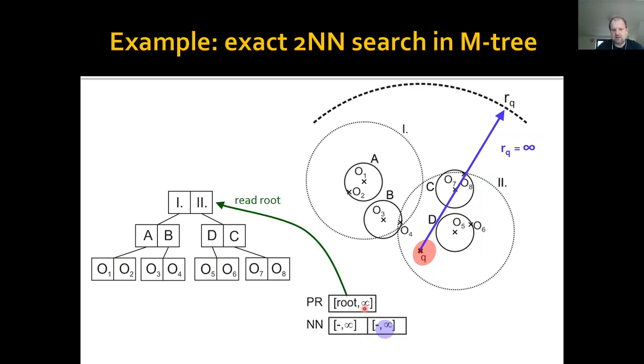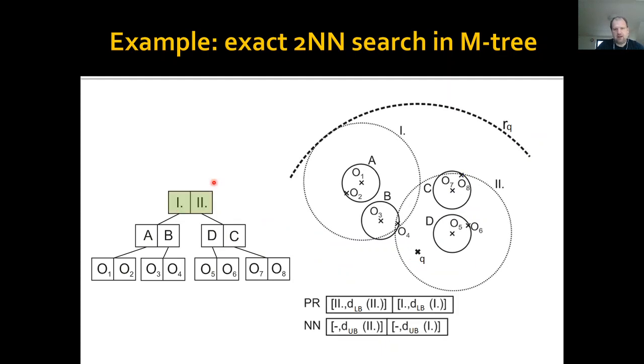Second, we observe here the lower bound to the ball of the request, and in the root we don't have any ball, so it's also infinity. So we read the root, we get two entries to two subnodes, 1 and 2, and we have updated everything.